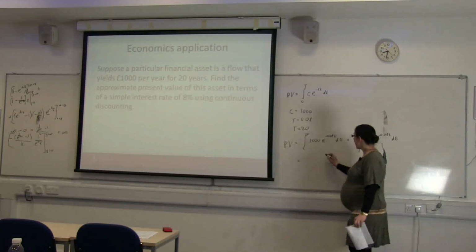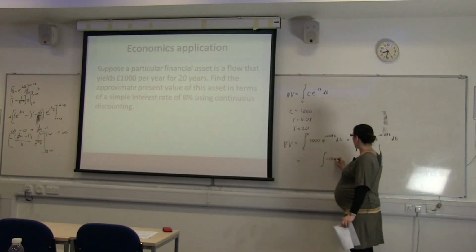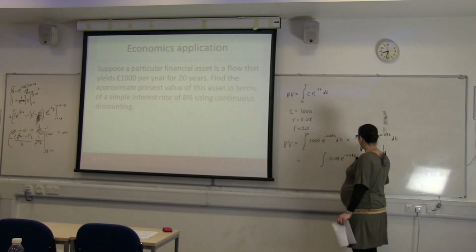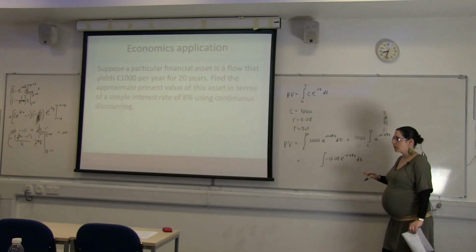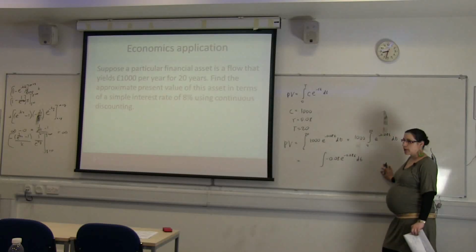So, if I had integral of minus 0.08 e to the minus 0.08 t dt here, I could just find that integral being e to the minus 0.08 t, because that would be the antiderivative from the chain rule.